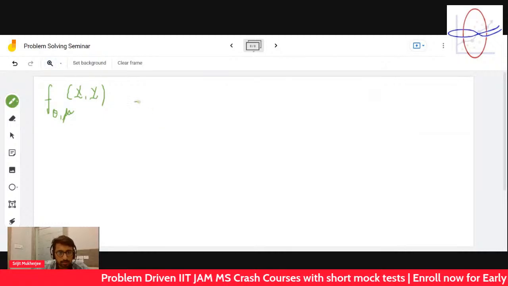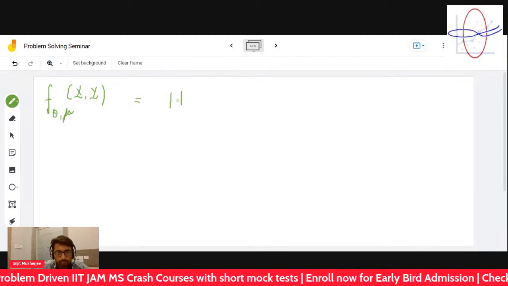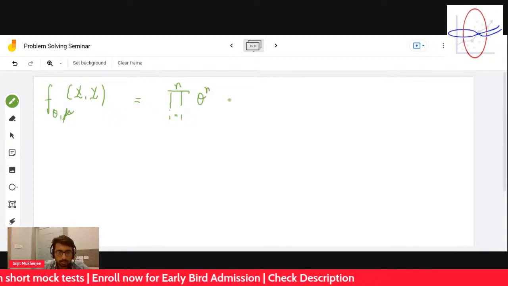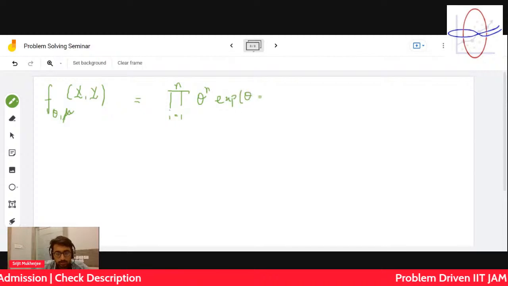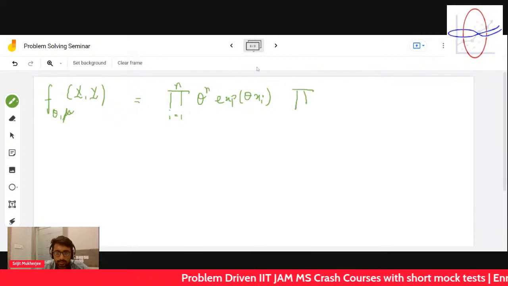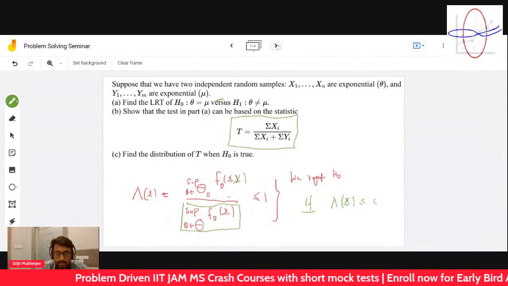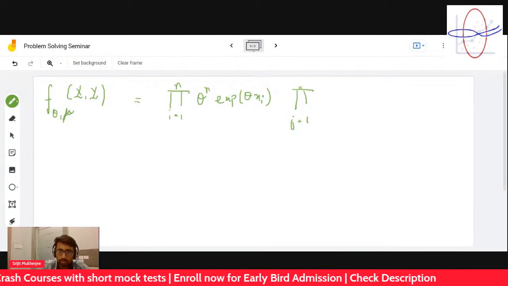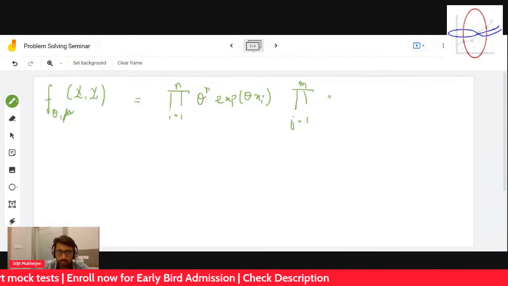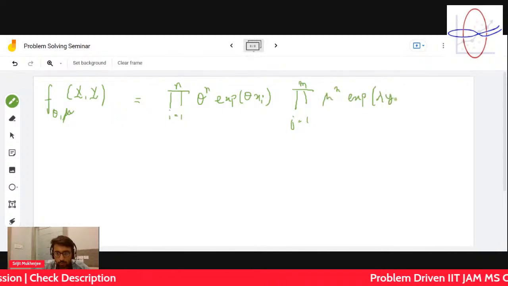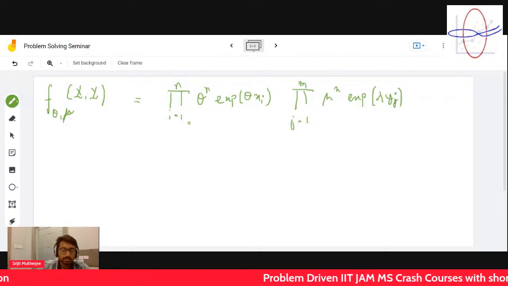So observe that it's nothing but the product from i equal 1 to n of theta to the power n exponential of theta xi, and there are m of them, so the product for j from 1 to m of mu to the power m exponential of mu yj.